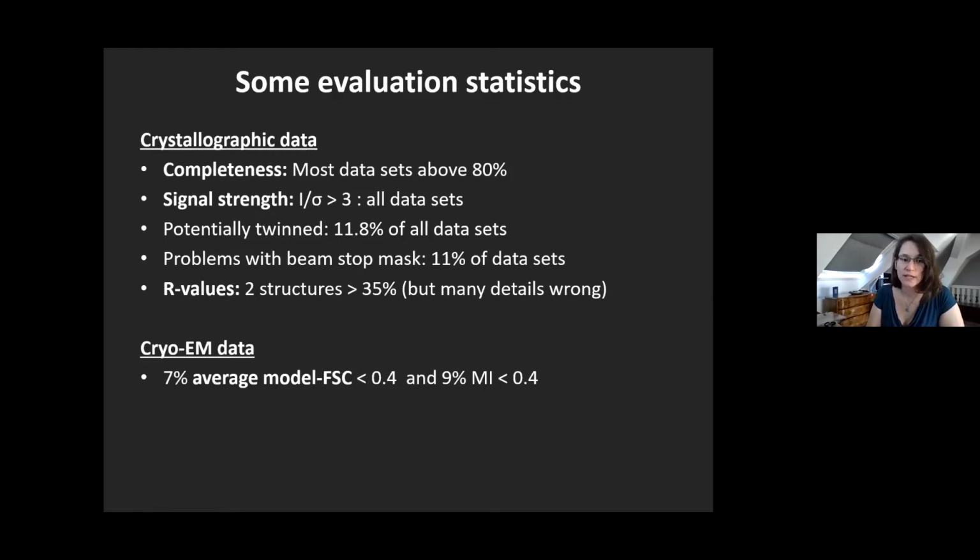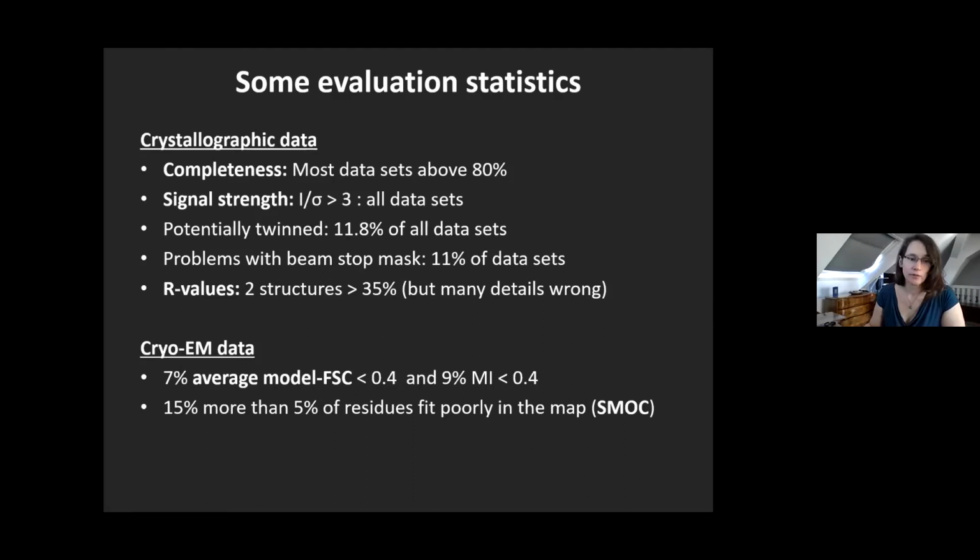So we would say that 7% had a bad fit between model and cryo-EM reconstruction map. 15% of structures in cryo-EM had more than 5% of the residues fit poorly in the map. And we calculated this with the segmented Manders overlap coefficient. Some residues always don't fit in a map very well, but more than 5% is somewhat worrying.